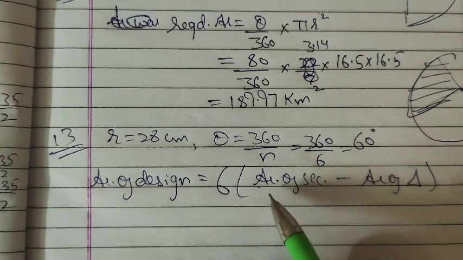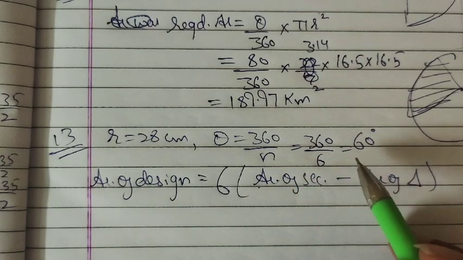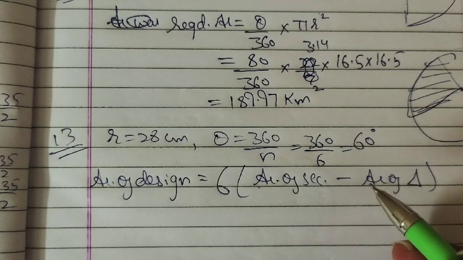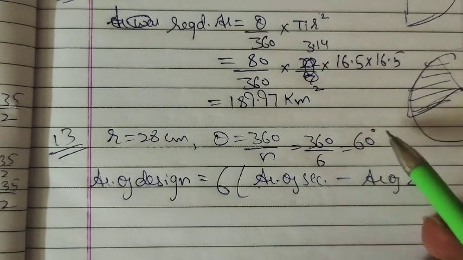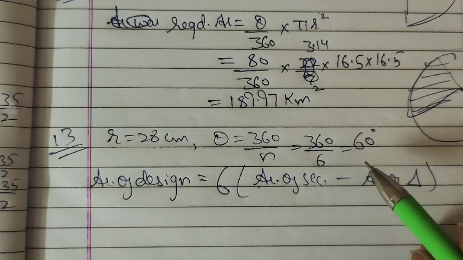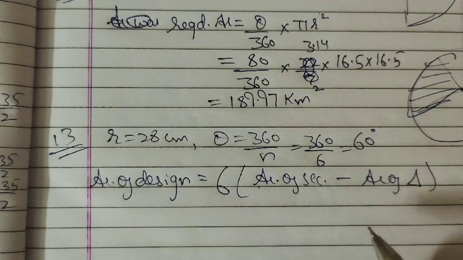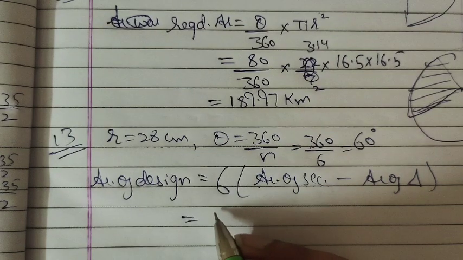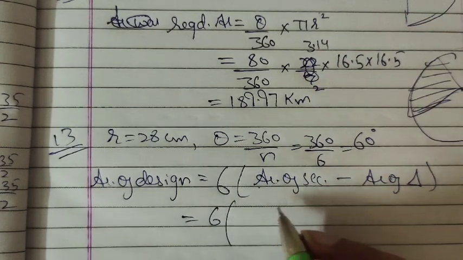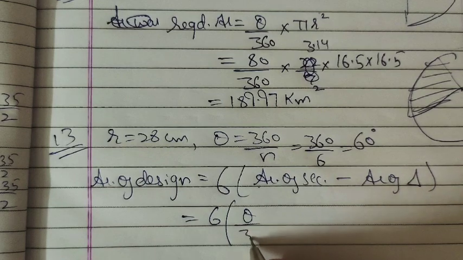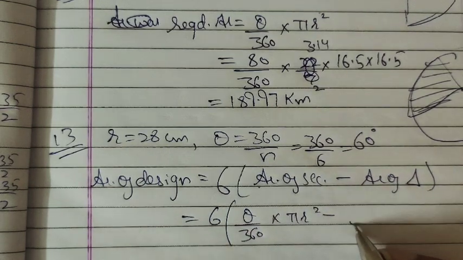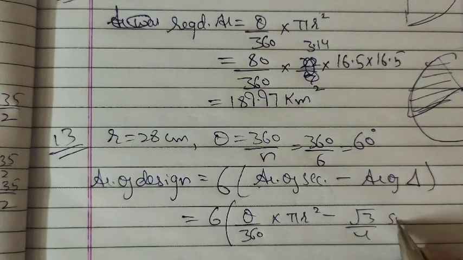So area of segment is area of sector minus area of triangle. Now if theta is 60 degree, that means the triangle is an equilateral triangle. I have already shown you how to prove a triangle to be an equilateral triangle if theta is 60 degree. Just follow that procedure and prove that this triangle is equilateral. So put the values afterwards. 6 bracket area of sector theta upon 360 pi r square minus root 3 by 4 side square.